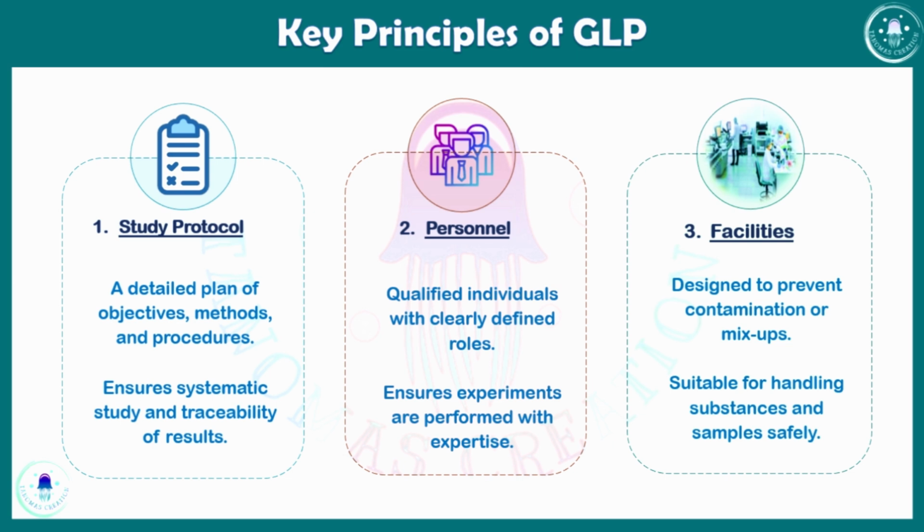The facility should be given utmost importance because that is where all the studies take place. It is a major principle in all of the practices that we have learned, either in GLP or in GMP, in pharmaceutical industries or food industries or any other industry.